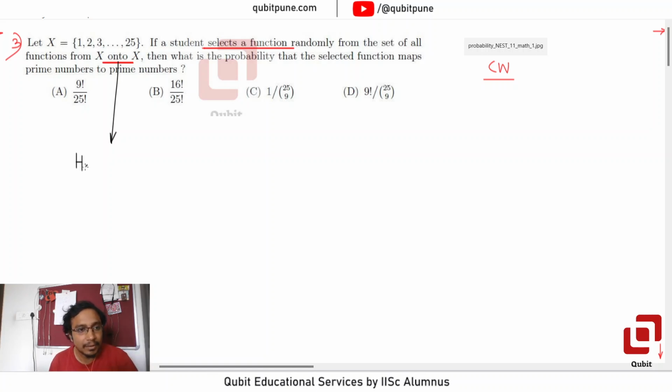Meaning here we don't want the set of all functions.